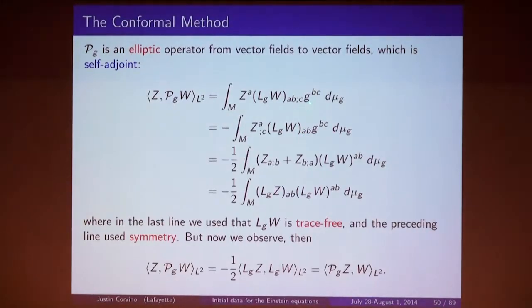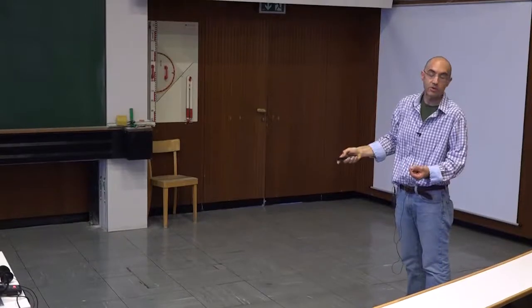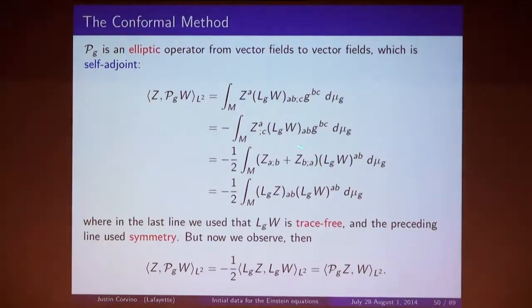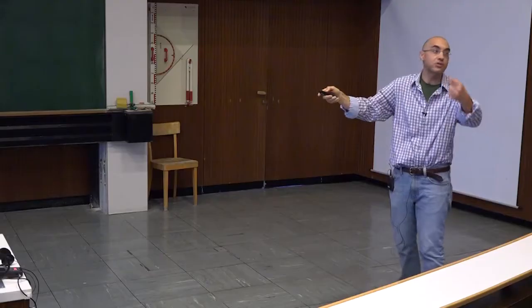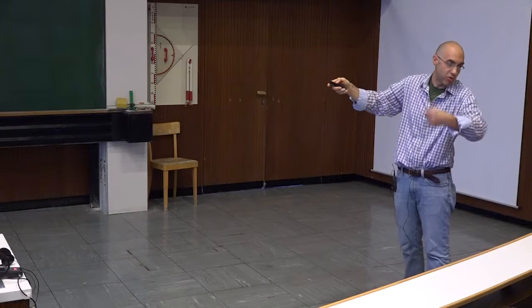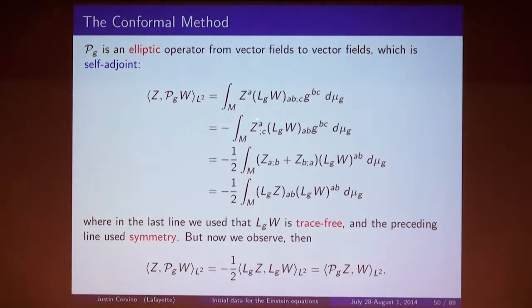So we integrate by parts and bring the C over to the other side with a minus sign. And do this out. Now, LW is symmetric. So you can symmetrize the derivative on Z. You just symmetrize it with a half. Not only that, LW is trace-free. So if you take this Lie derivative term and add a pure trace term to it, that's pointwise orthogonal to something that's trace-free.